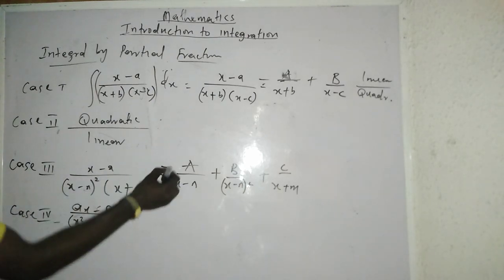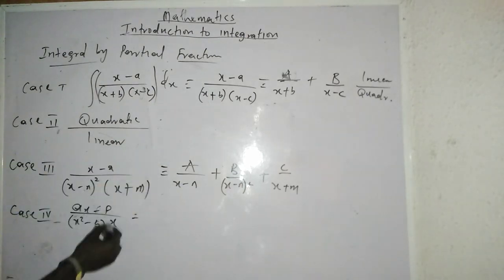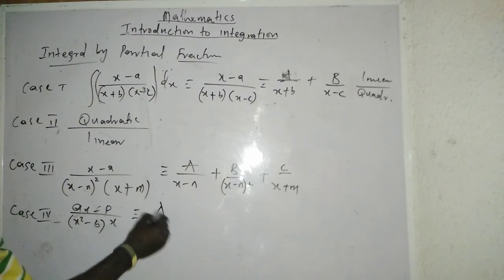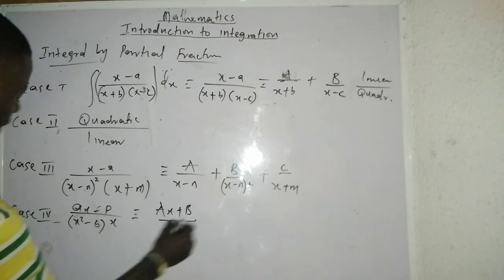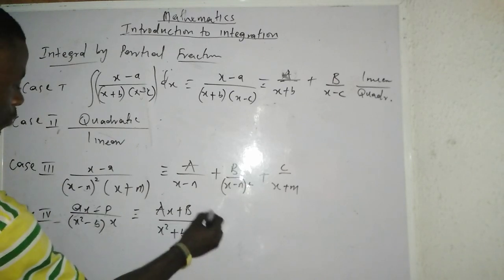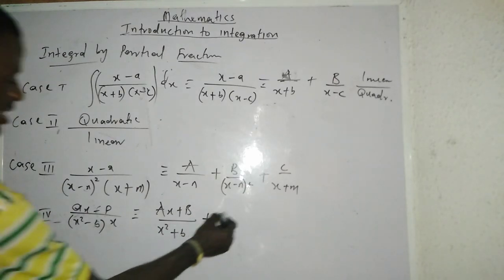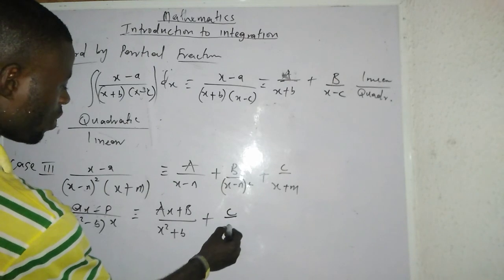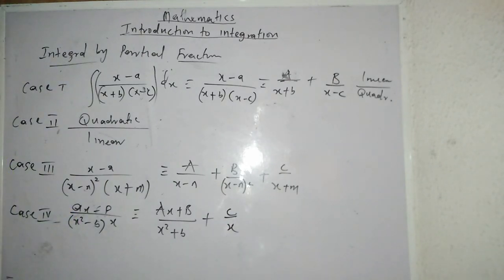These are equivalent, sorry. If I have this particular aspect, it means I'll be having ax plus b divided by x squared plus small b, plus C all over x.